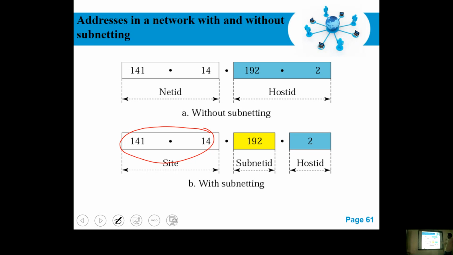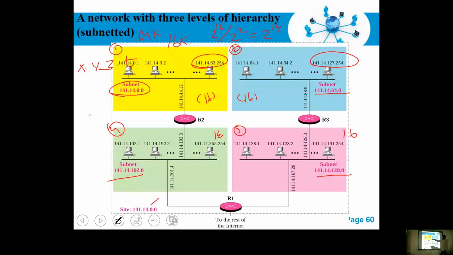Here, by considering extra 2 bits, we are going to consider whether this is 192 or any other value. If you see the previous one, the starting address is 0.0. Here I have 64.0. Here I have 128. There I have 192. If I give any number in the middle, you should be able to find this one. Here also, if I give any number, you should be able to find this one.